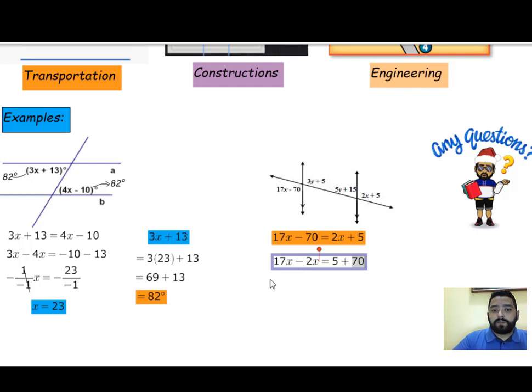Then we have 17 minus 2, which is 15x, equal to 75, because 5 plus 70 is 75. Then remember, to keep the equality in our equation, we need to divide both sides by 15. So 15 divided by 15 is 1, so you can write only x, or 1x. And 75 divided by 15 is 5 degrees.